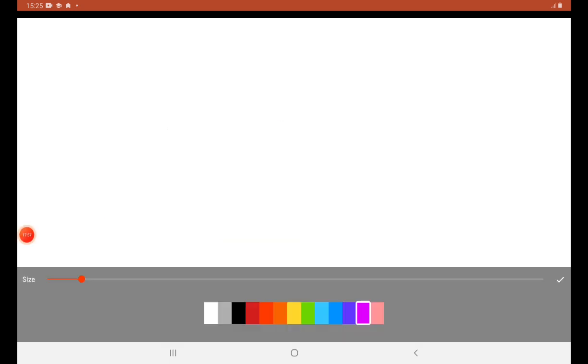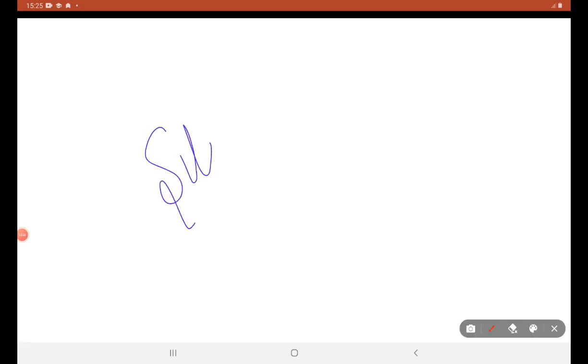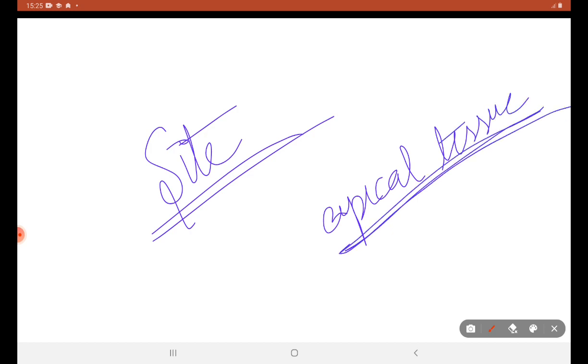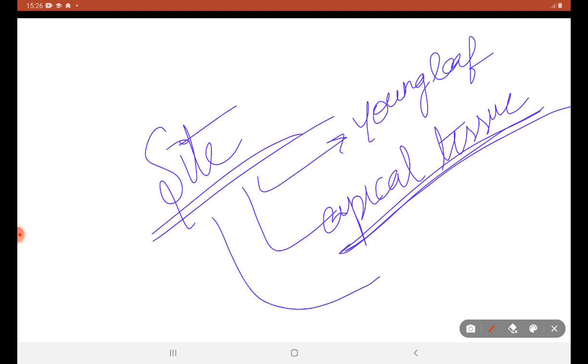The next thing is the site of synthesis. Apical tissue. We have seen what the apex is, and we will be seeing about apical dominance when we talk about auxin. It is manufactured in apical tissue, young leaf, and immature, developing fruit.